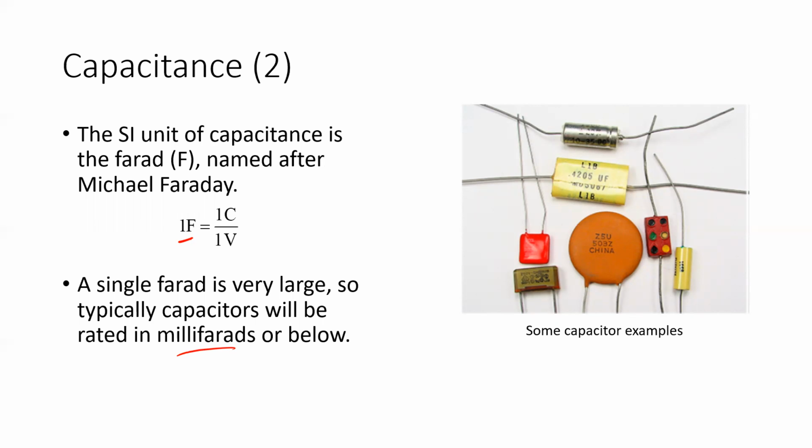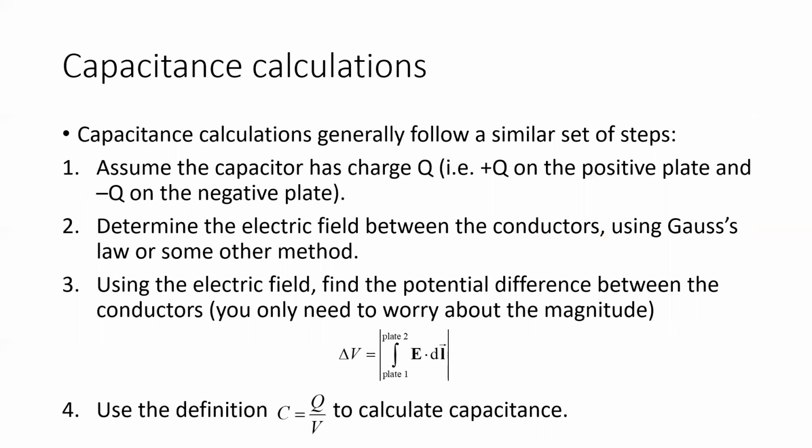So how will our capacitance calculations work before we get into actually doing some core examples? To calculate capacitance for a given configuration of conducting plates or sheets of some shape or another, we're going to draw our capacitor geometry and assume that we put charge Q on it, meaning on one plate we put plus Q charge, on the other plate we put minus Q charge.